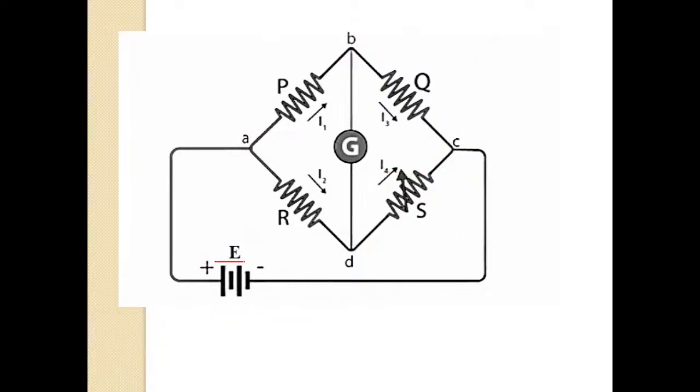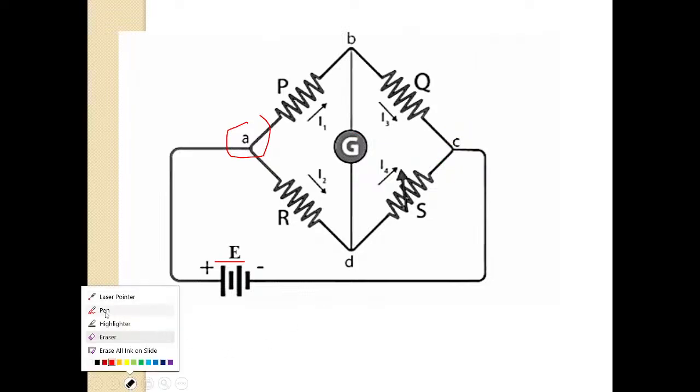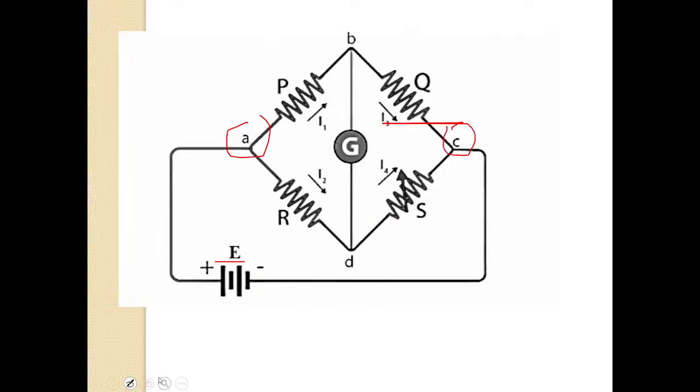The source E is connected between point A and point C, whereas the galvanometer is connected between point B and point D.